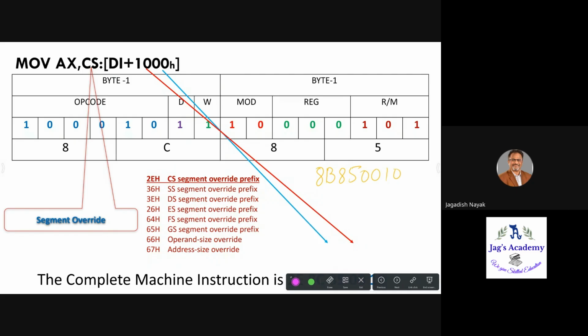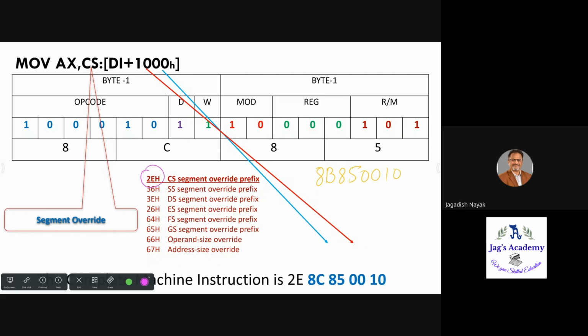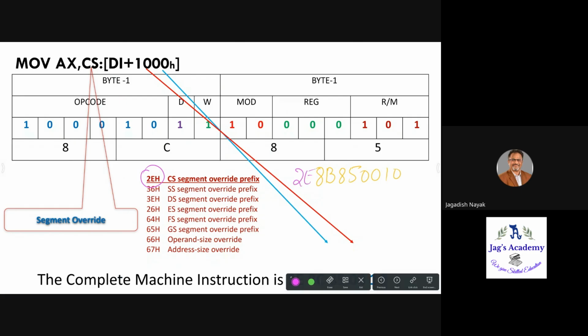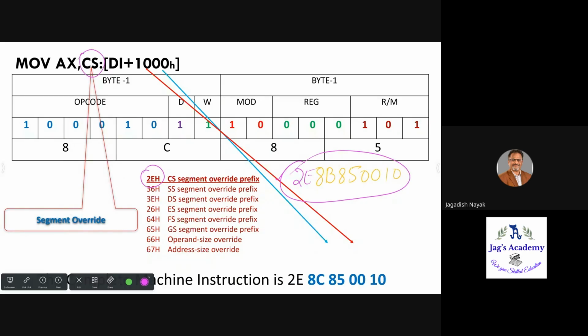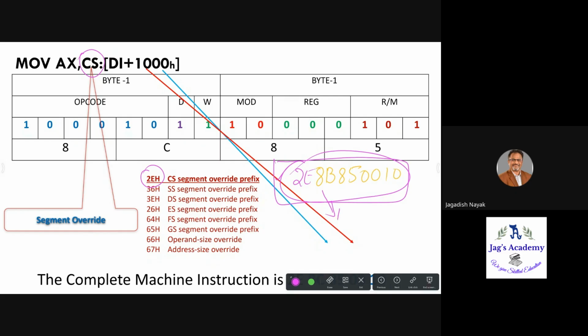The prefix corresponding to CS is 2E. You just put it here. That's all. You do this whenever there is segment overriding. We are overriding the segment. Understood? So now this is going to be the machine instruction for the assembly instruction given here.